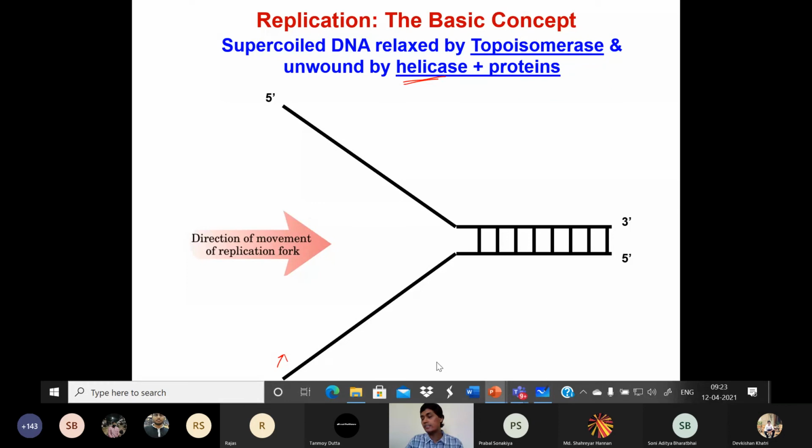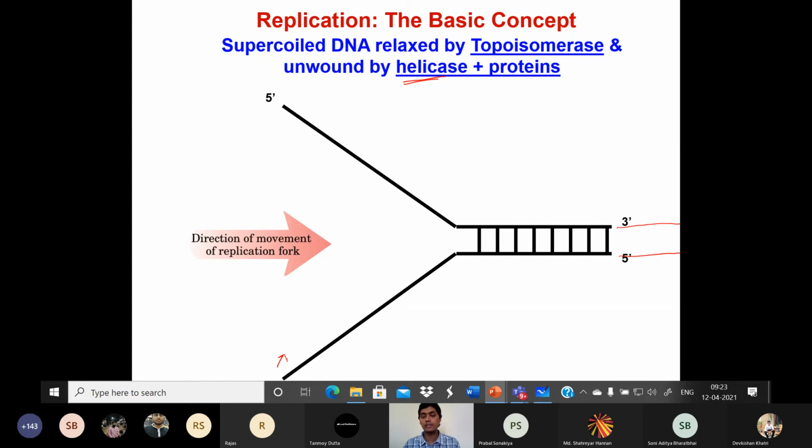So you can extend DNA in this direction long, like you have long DNA here. Just imagine you have long DNA here, like maybe another 5,000 nucleotides long. It can be even more. But you have to first generate this fork so that you are getting the single strand in order to synthesize the new DNA. So this is the direction of movement of replication fork.